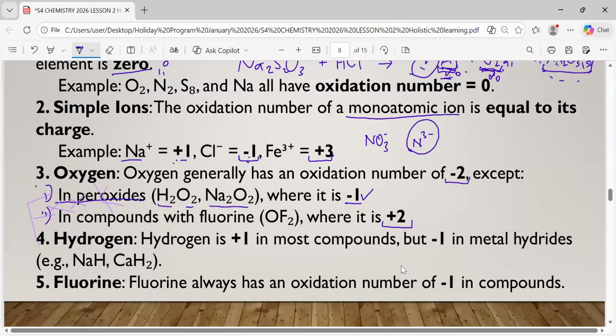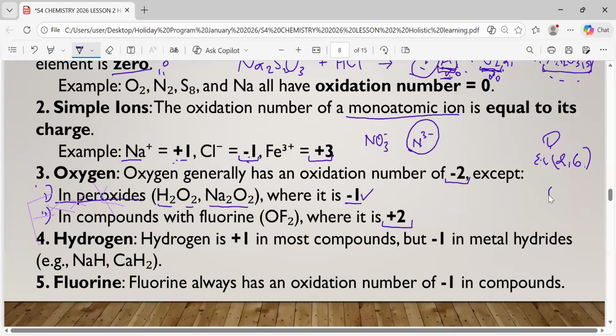Now, I have not understood why it is +2. Okay, generally, we are saying that the oxidation number of oxygen is -2, and you told us that the reason it is coming from the charge is that oxygen has electronic configuration of 2, 6, meaning it needs 2 electrons to become stable.